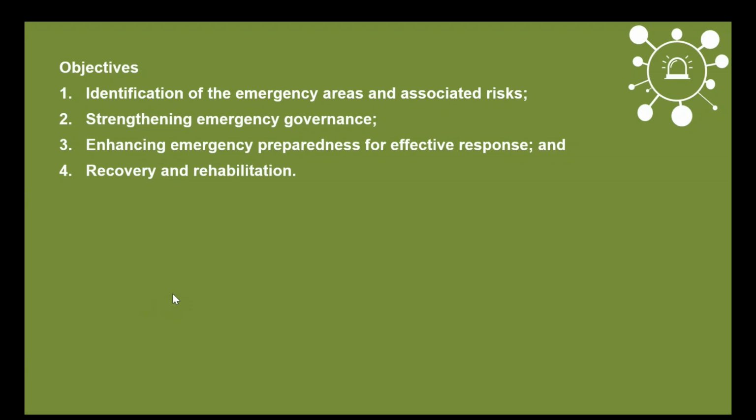So we thought that such objectives apply for this call. One is identification of the emergency areas and associated risks. Two, strengthening the emergency governance. Three, enhancing emergency preparedness for effective response. And four, recovery and rehabilitation after the disaster. If we click next, Nadine.